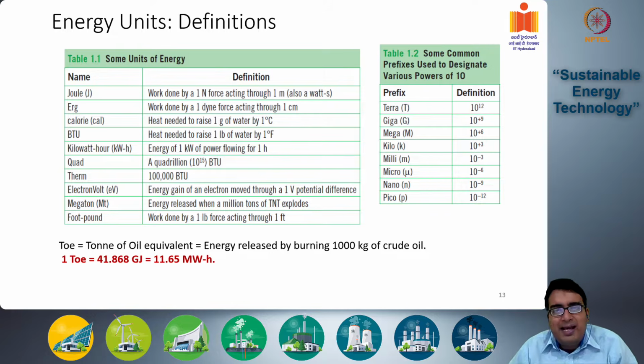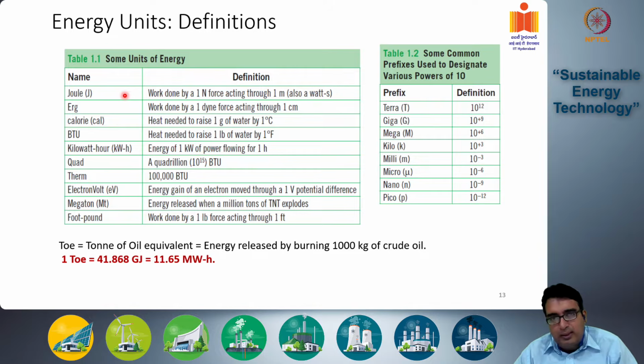So in the first slide in front of you, you have the units of energy. Now the SI unit of energy is joule. So joule is basically force into displacement, the standard unit of energy as defined by Newton in classical mechanics.